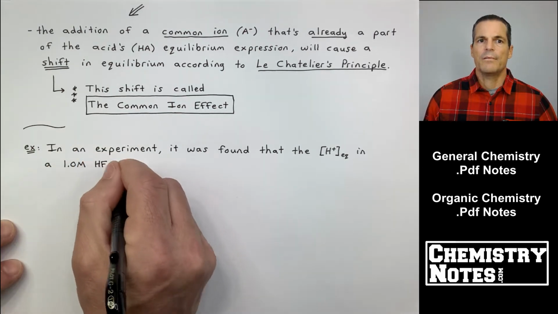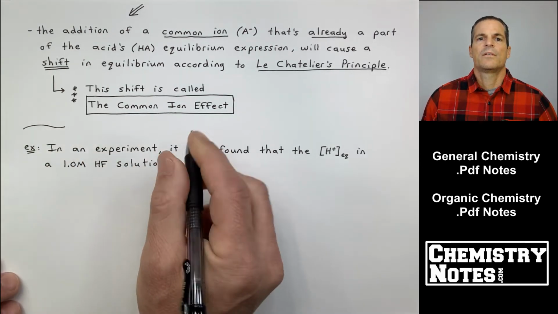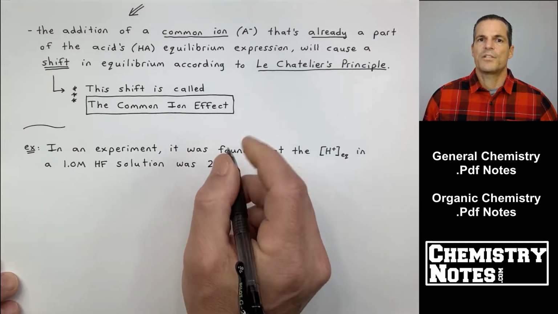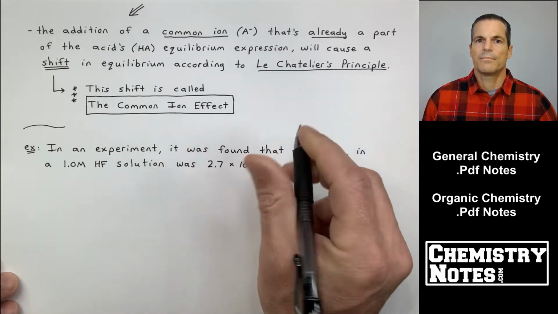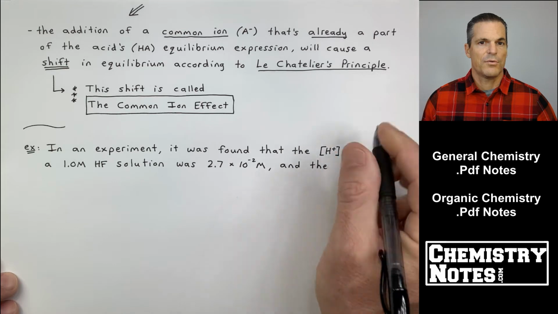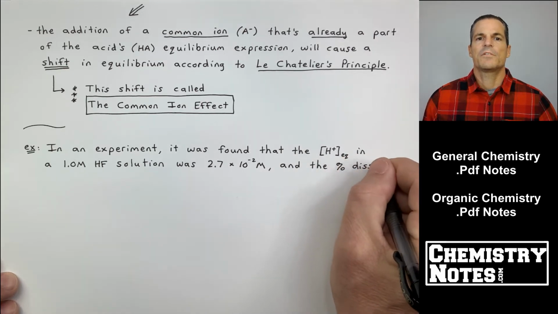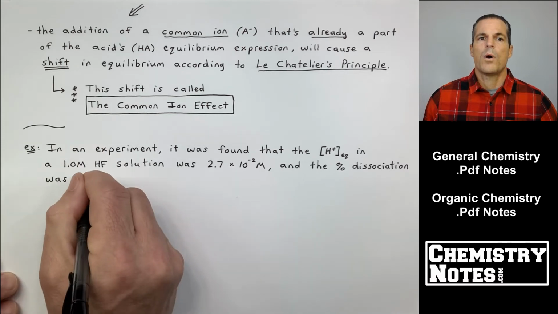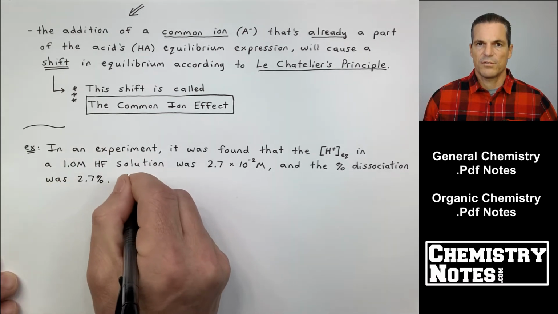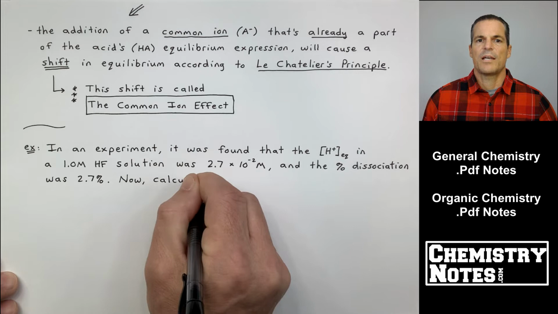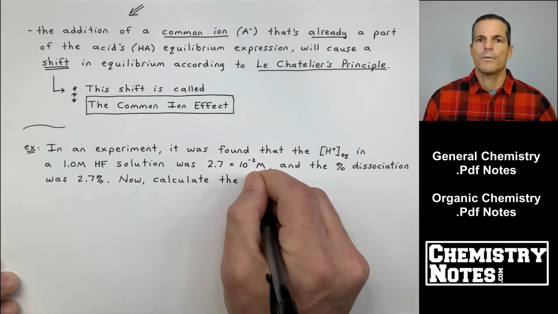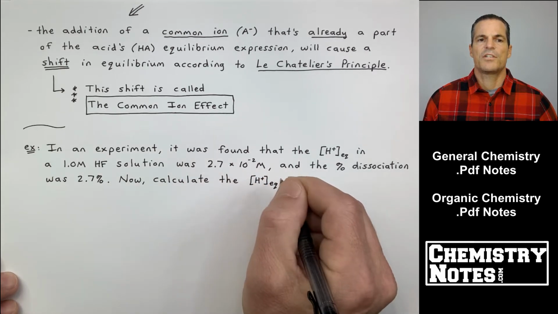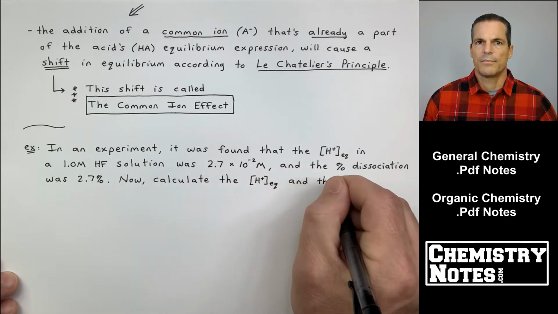In an experiment, it was found that the concentration of H plus at equilibrium, sometimes I drop off the EQ, right? In an experiment, it was found that the H plus concentration in a 1.0 molar HF solution was 2.7 times 10 to the minus second molar, and the percent dissociation was 2.7%.